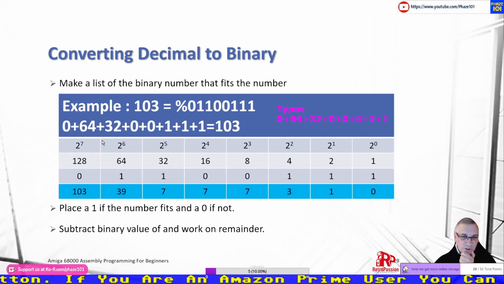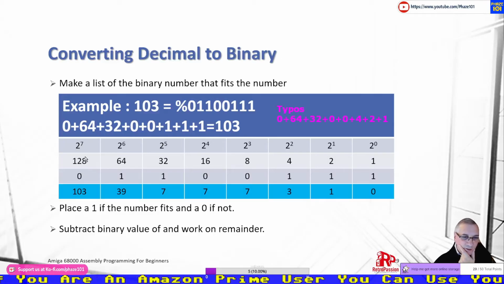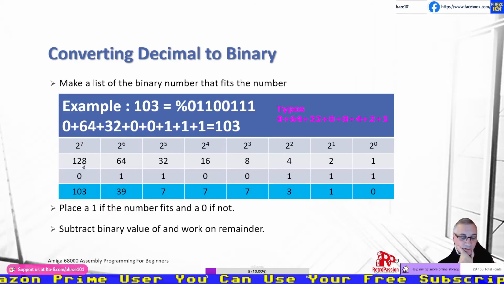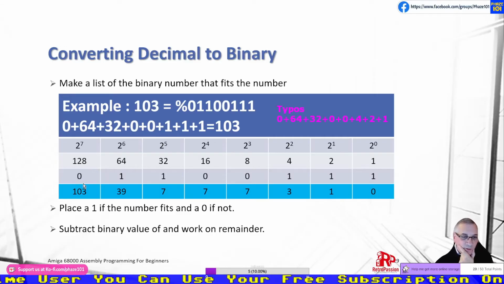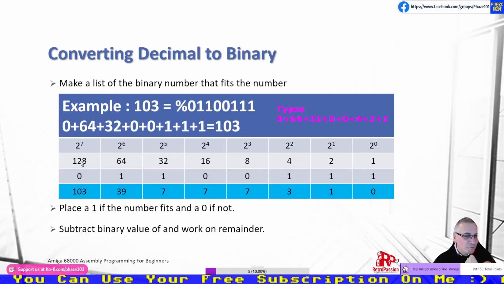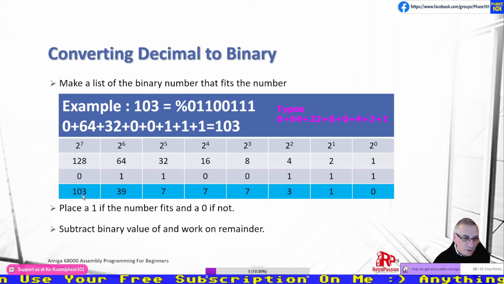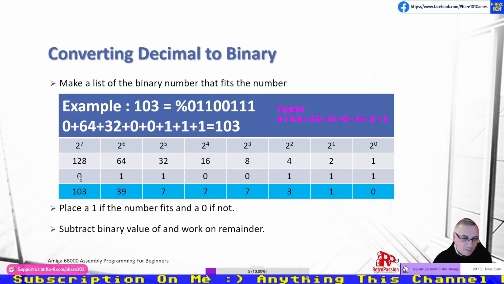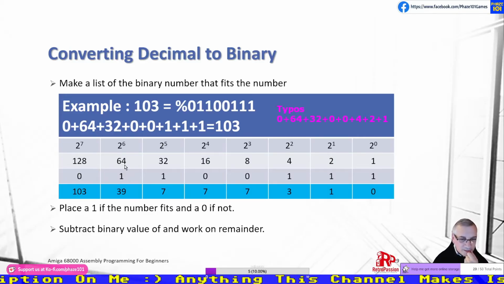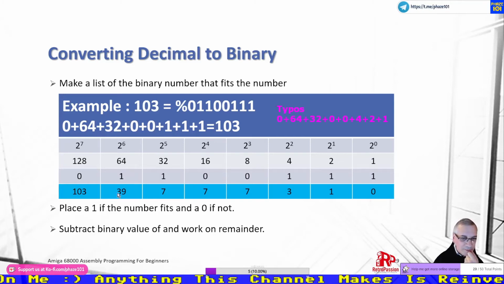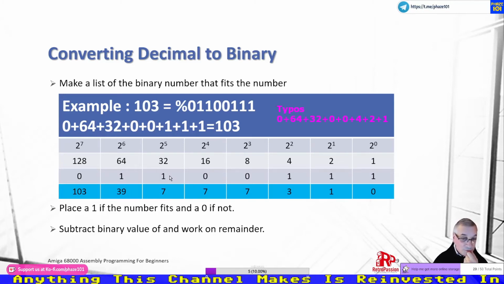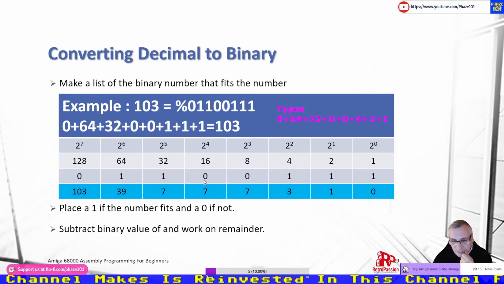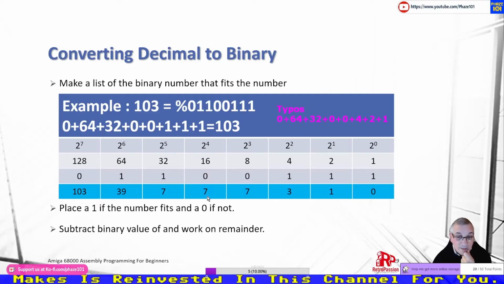To do it, you start by subtracting the values. 128 is bigger than 103, so it cannot fit, so it's a 0. Then 64 fits, so we put a 1 and the remainder is 39. Then we have 32, it fits, so we put a 1 and the remainder is 7. 16 doesn't fit, so we put 0 and the remainder is still 7.